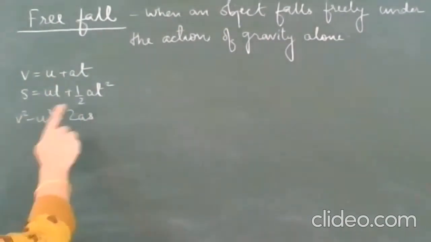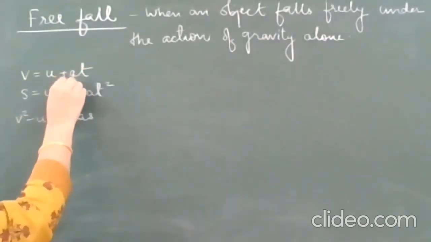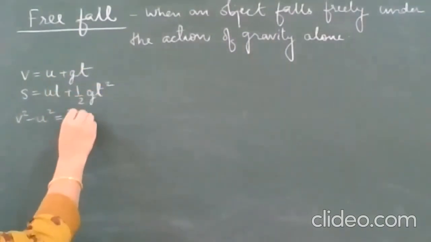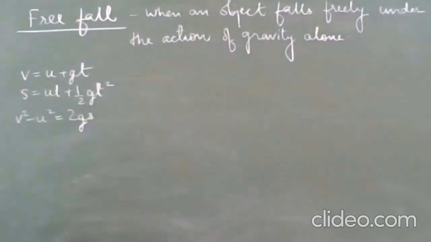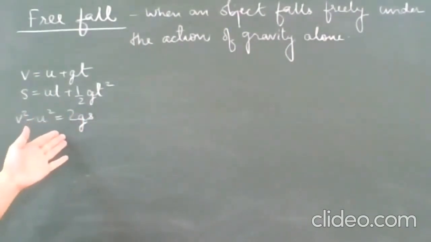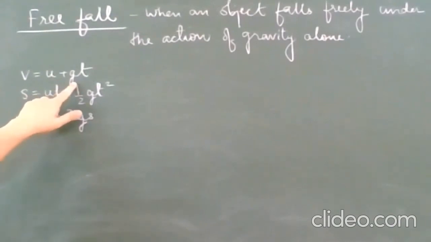Because in these equations now, instead of a, we are going to replace it by g, because now instead of acceleration it will be acceleration due to gravity if we consider the free fall case. So now, in case of numericals where the object has been dropped or thrown up with a velocity, when you use the equations for calculation, you will be replacing a by small g.